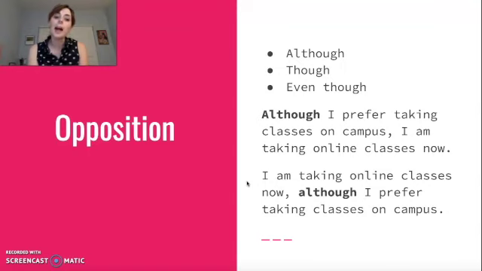No, they mean exactly the same thing. So this sentence and this sentence has the same meaning. Also, before we move on, you could also use though instead of although in both of these sentences, and you could also use even though here or here, and they mean the same thing.